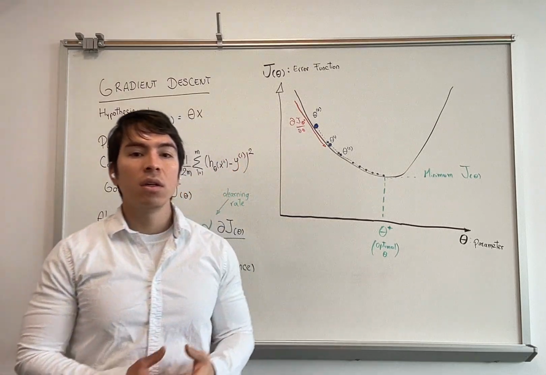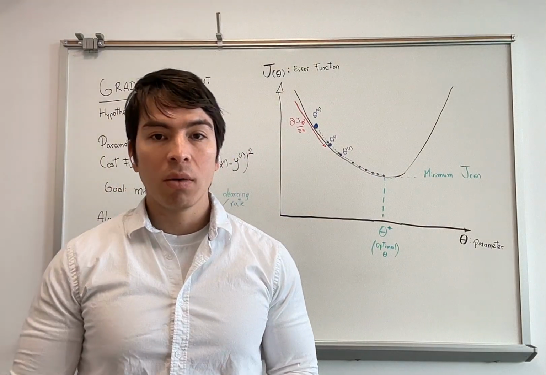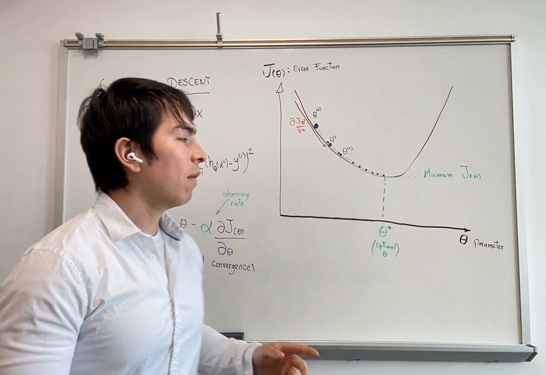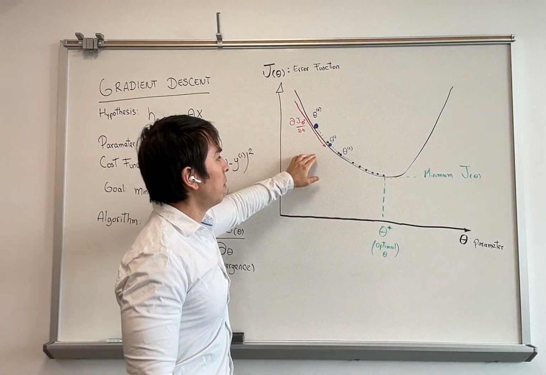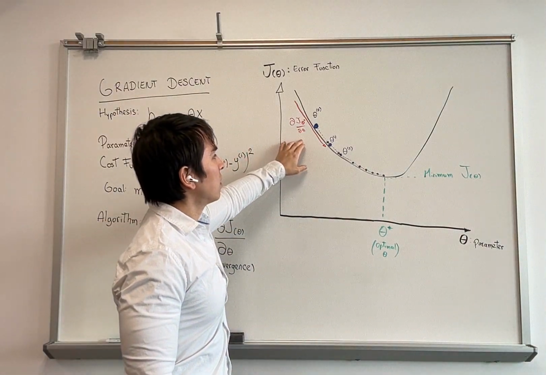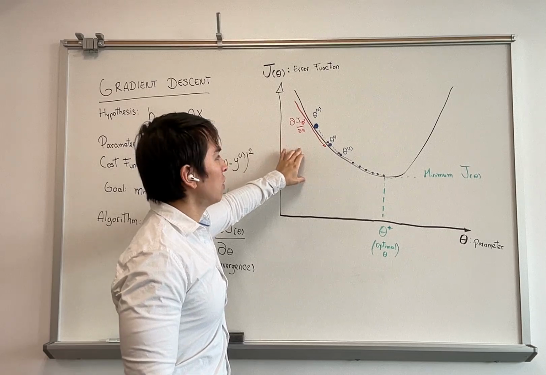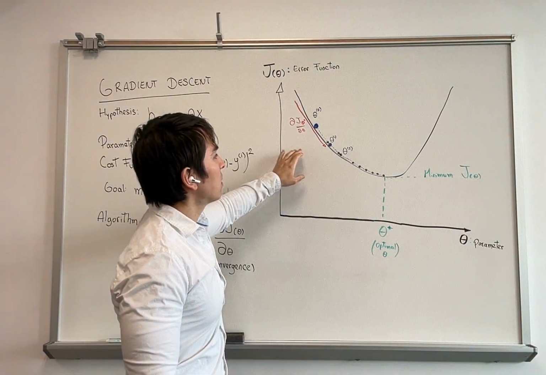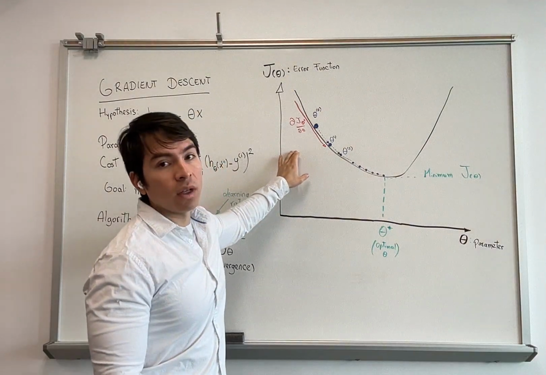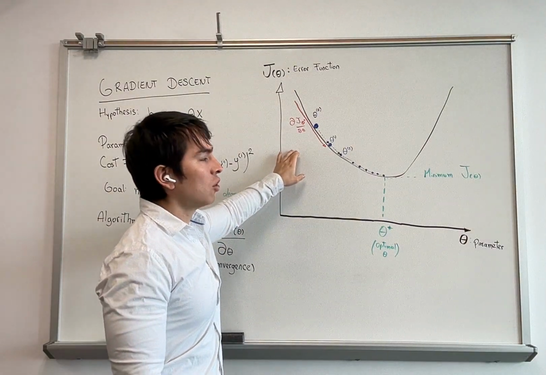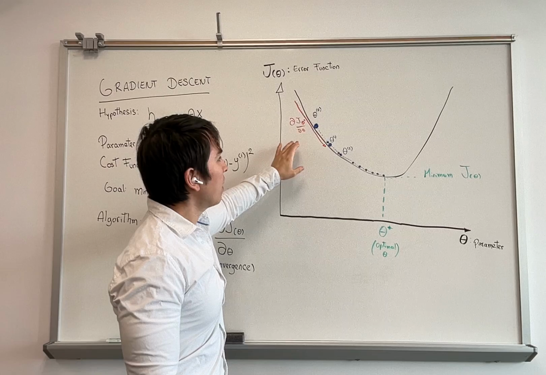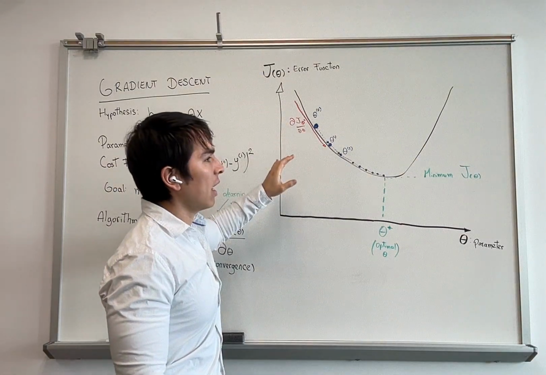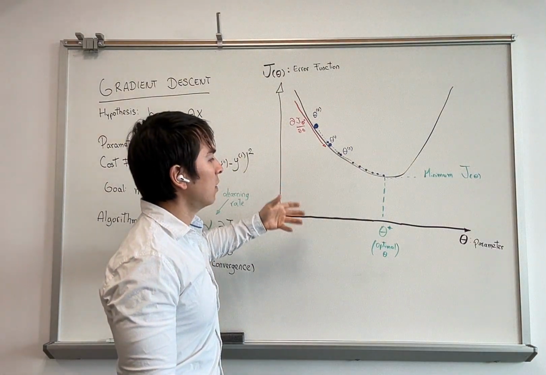So as you can see here, there are two main components for this algorithm. One of them is that at each point, we want to know what is the direction that we should move in, and also how far we should move in that direction, right? So how can I get the direction that we should move in?